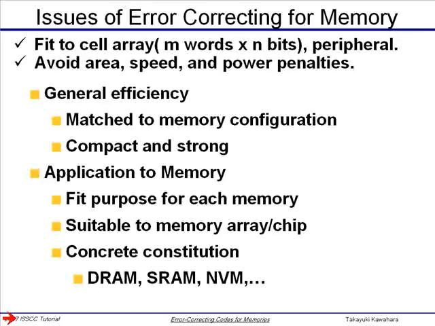I mean SRAM, DRAM, and normal RAM have different purposes. And also the error coding should be suitable for the memory array, I mean the X by Y, M words and N bit architecture of memory. And also when we put the ECC circuit in the concrete memory, there are many discussions here. So I will show you later.